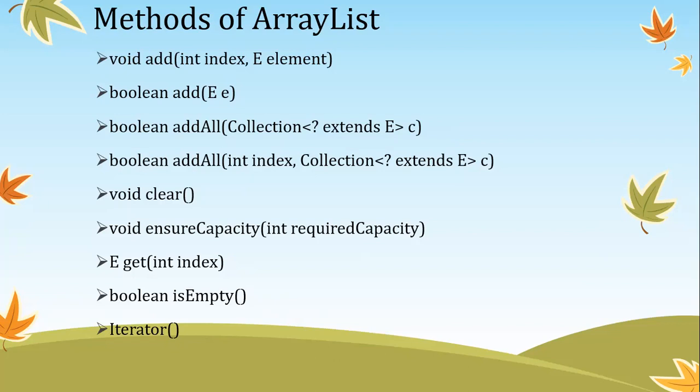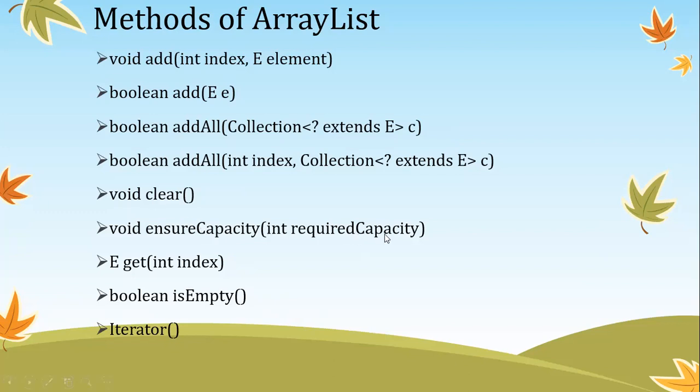And next one is addAll with an index. This method is used to append all the elements in the specified collection starting at the specified position of the list. And next method is void clear. This method is used to remove all of the elements from this list. And next is ensureCapacity.